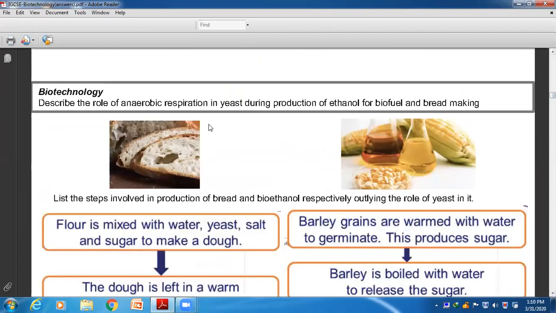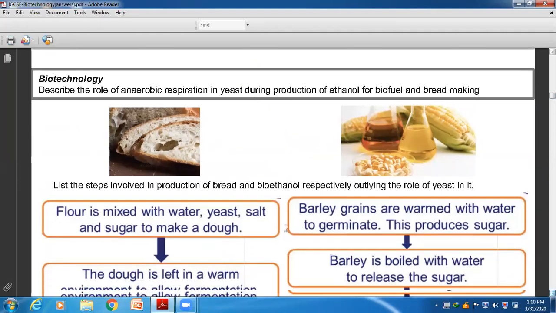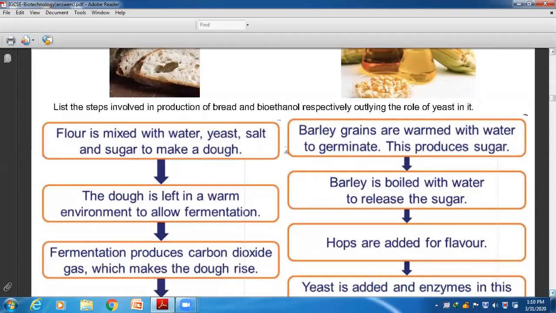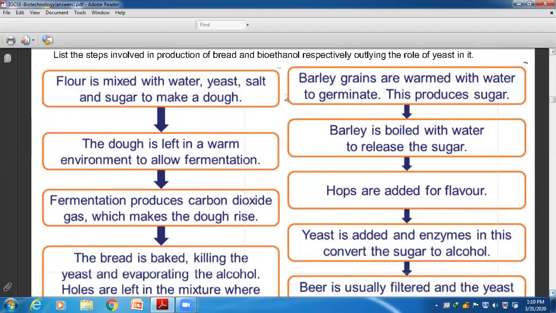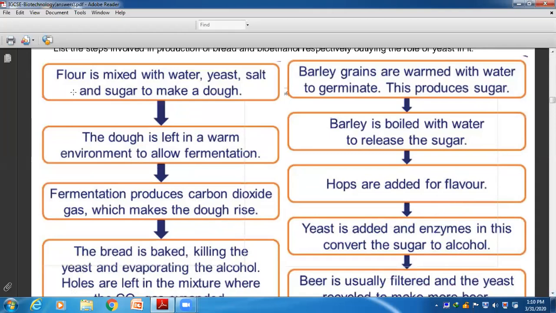So the question is the role of anaerobic respiration in yeast during production of ethanol for biofuel and bread making, right? The first thing is we are using yeast in bread making. Why are we using that?